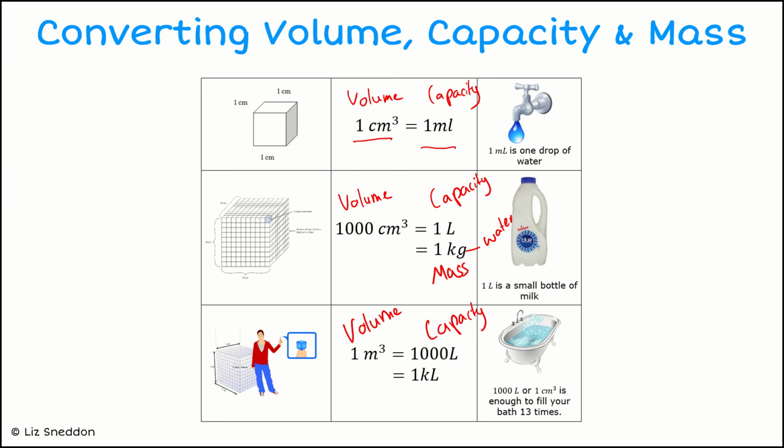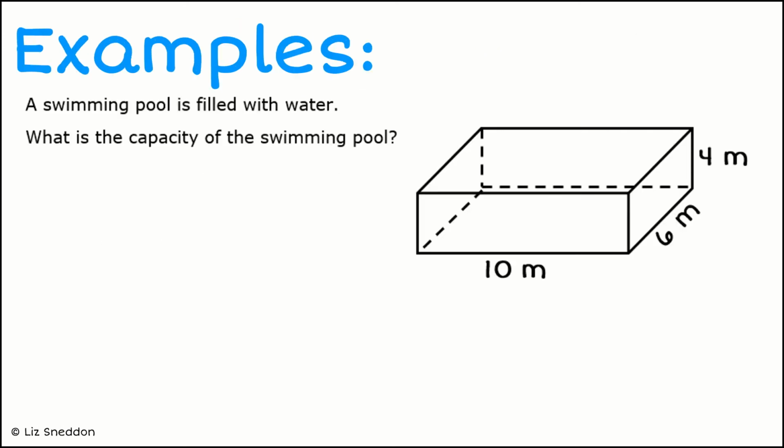So 1 cubic metre is the same as 1,000 litres, filling our bath with water 13 times. 1,000 cubic centimetres is equivalent to 1 litre, and 1 centimetre cubed is equal to 1 millilitre, so it's about a drop of water. So that's what we want to be able to do, is convert between volumes, capacity and mass. So here is an example.